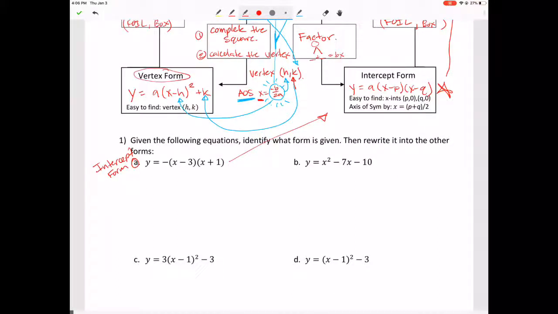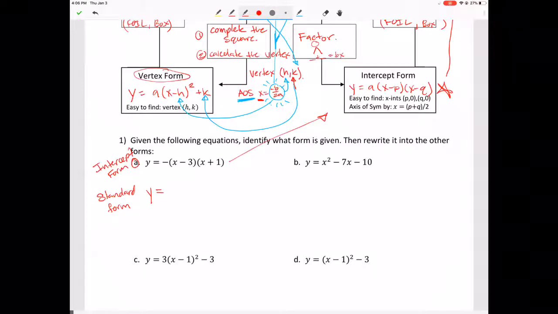There are different orders you can do it in. You could distribute that negative to those two terms and then foil, or you could foil first, and then distribute the negative.